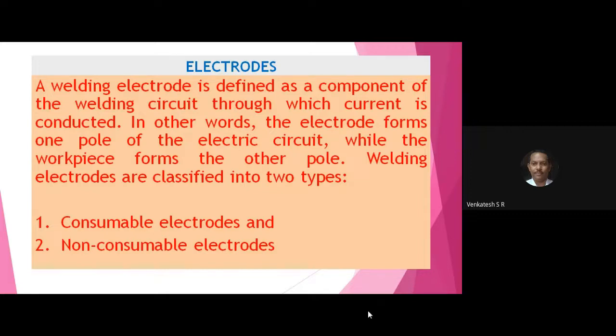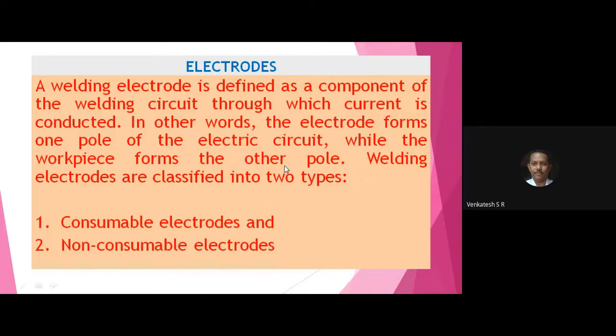It just produces the arc between the workpiece and the electrode, and the filler rod is used as the filler metal. That's only in TIG welding. In non-consumable electrodes, that is TIG welding, the electrode is non-consumable; it only establishes the arc between the workpiece and the electrode.